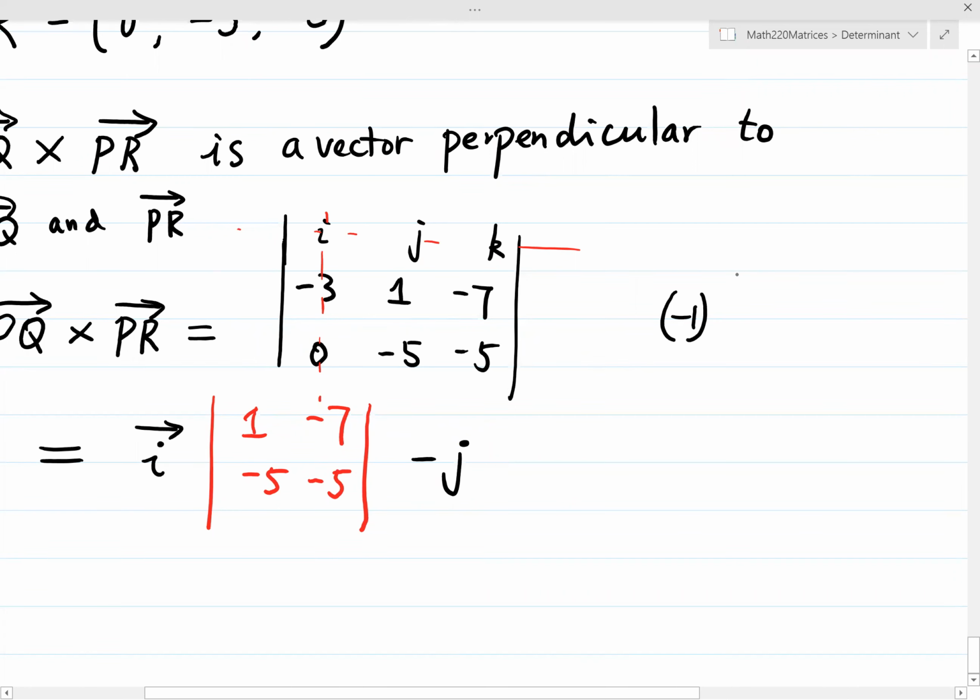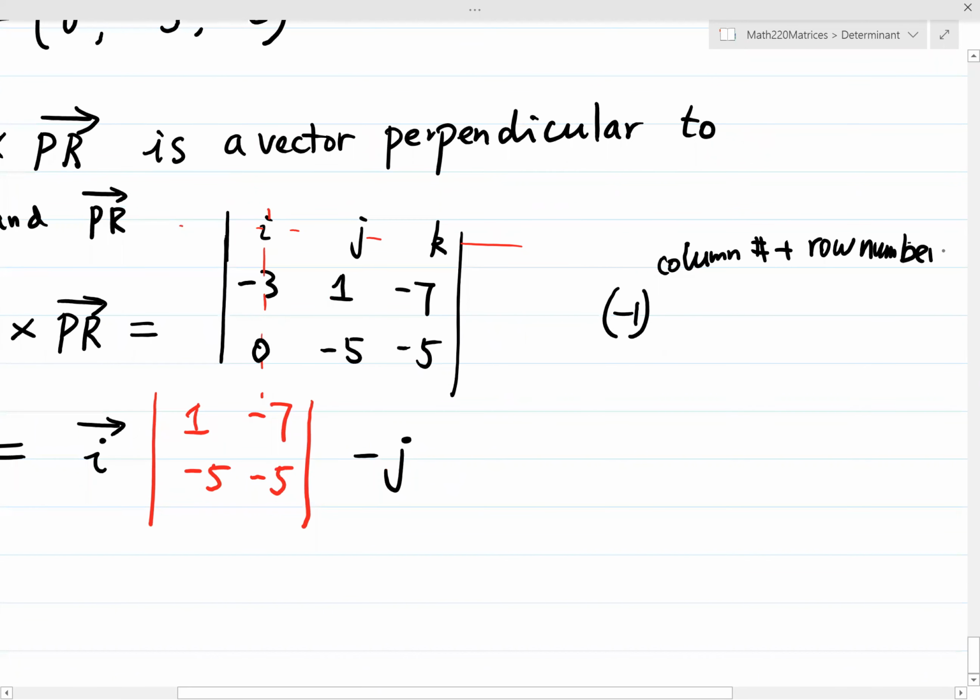So for j, it's in row 1, column 2, so it's 3, and -1 to the power 3 gives -1.